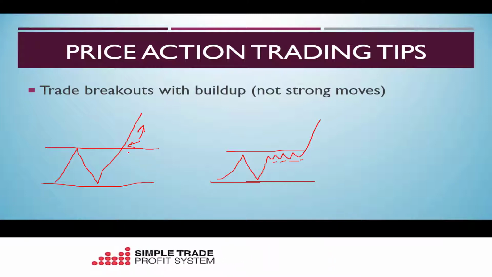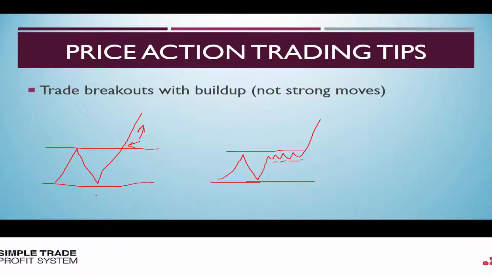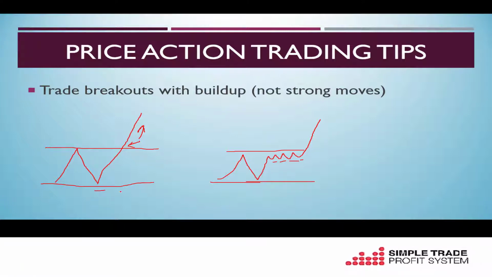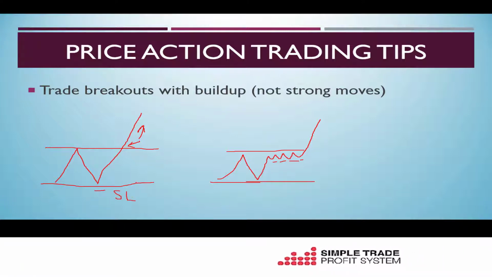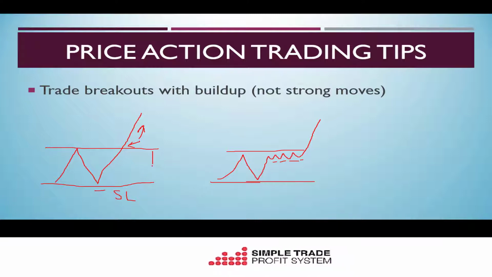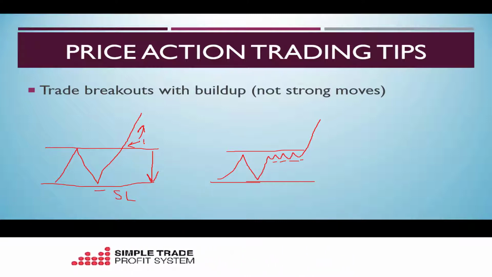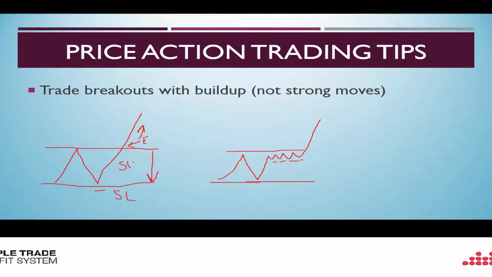So where are you going to set your stop loss? Well, you would set it at the resistance or at the support. So you would have your stop loss set down here, right? Well, look at the distance between your entry up here and your stop loss. What if this is $100?